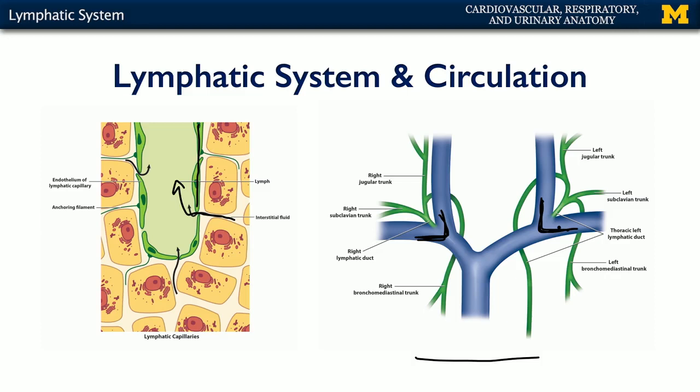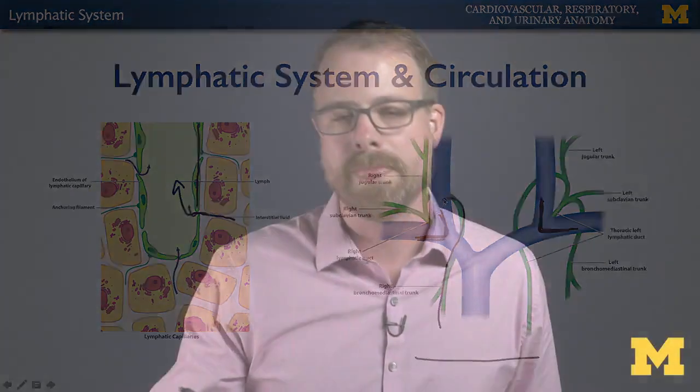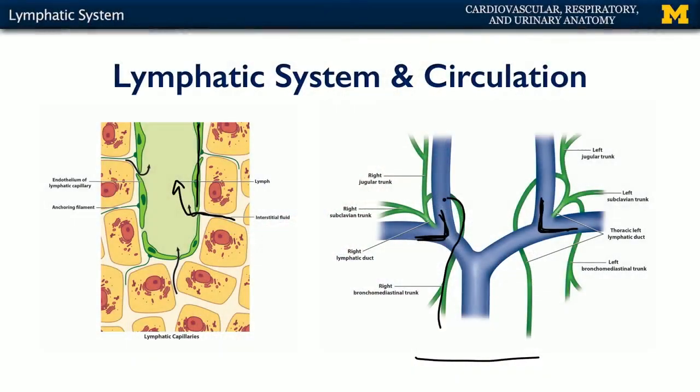Now, the three major trunks that are going to be supplying these ducts are the bronchomediastinal trunks, which are coming up from the lungs through the mediastinum of the thorax, ascending superiorly. There are also subclavian trunks, which are bringing in lymph from the upper limbs under the clavicle, and jugular trunks, which are returning lymph from the head and neck.